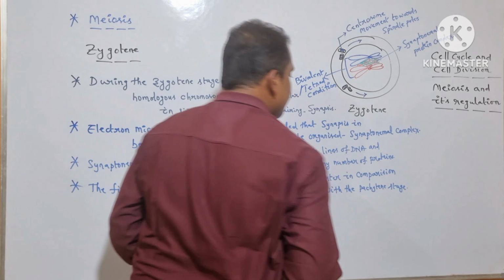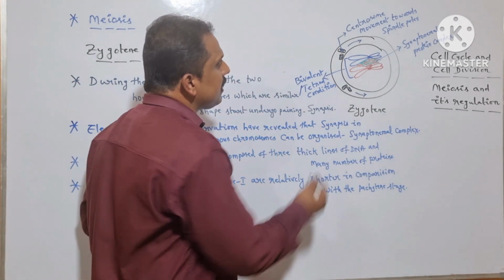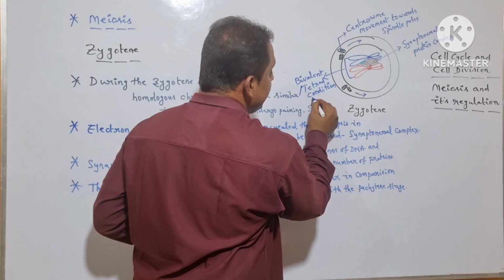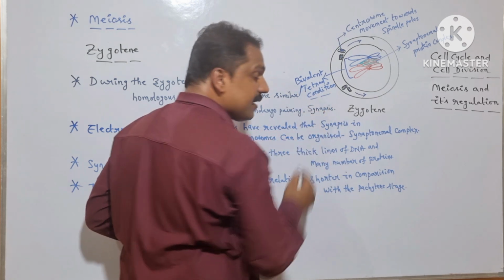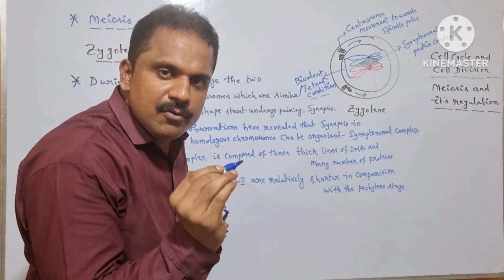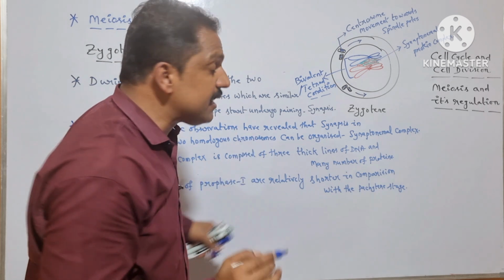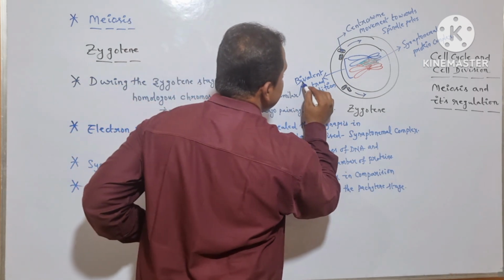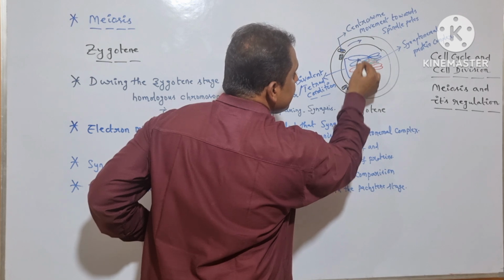So here, because of the synapsis or because of the pairing between the two homologous chromosomes, the specific condition is termed as bivalent condition or tetrad condition. Is it clear? Why is it termed as bivalent condition? Because here we can observe two chromosomes.